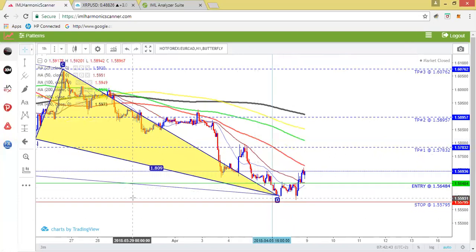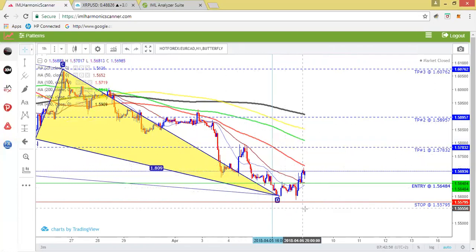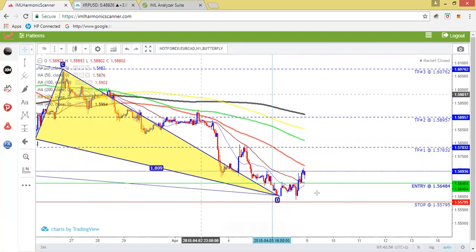And if you take note, as I said earlier, we are on a bearish zone, which is sell zone. So we're going to have more sell, we're going to have downtrend.